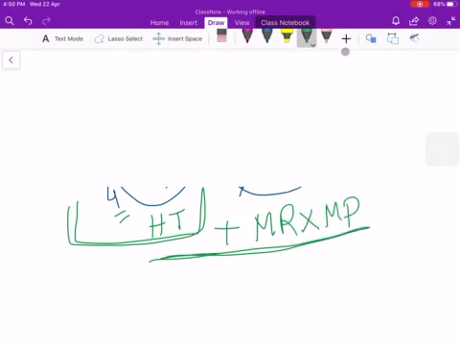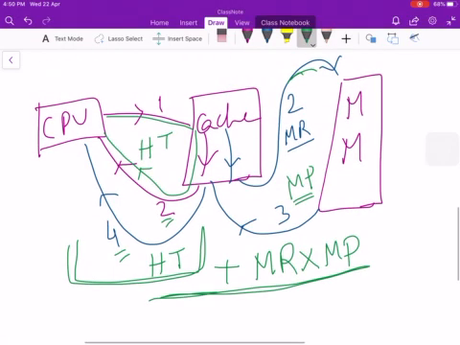this particular section, right? The request from CPU is coming, and irrespective of whether it's a hit or miss, the first portion will be executed, and this gives your hit time, right? And then the next part will be done only in case of a miss, that will be driven by miss rate.